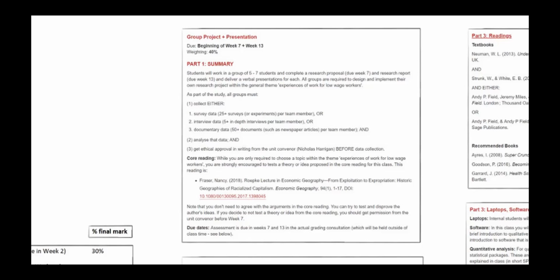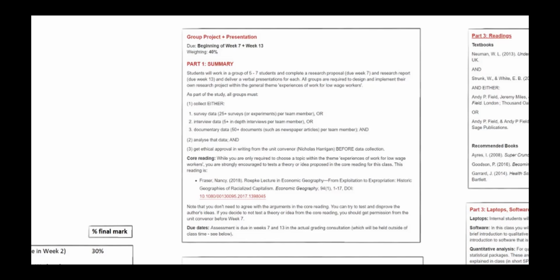As part of the study, all groups must collect either survey data, 25 surveys or experiments per team member, or interview data, 5 in-depth interviews, or documentary data, say 50 documents such as newspaper articles per team member. Now, that has changed slightly because of the intervention of Macquarie University Ethics Committee.